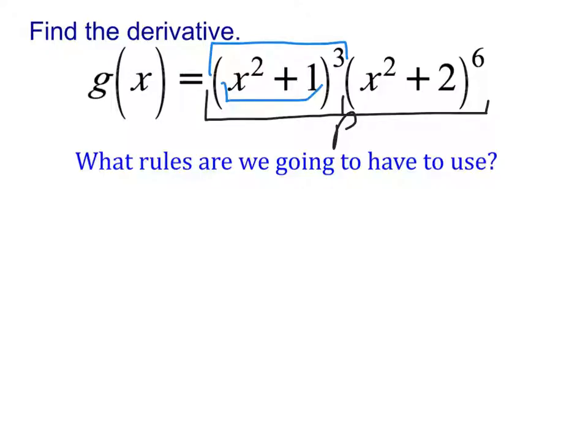And then for the second part, same kind of idea, where the x squared plus 2 is my inner function, and the something to the power of 6 is my outer function. And so for both of those, I'm going to end up needing to use chain rule. And we're going to put them all together. So, now it's time to try this out. Go ahead and now try to find the derivative of this function by combining chain rule and product rule, please.